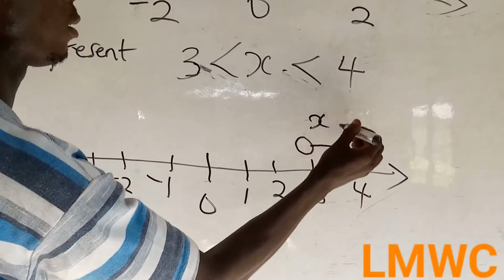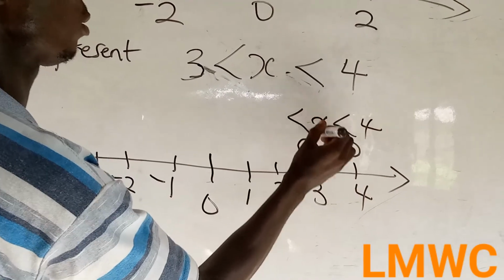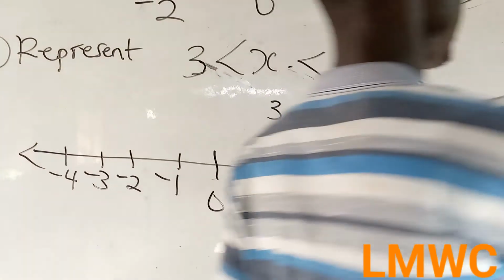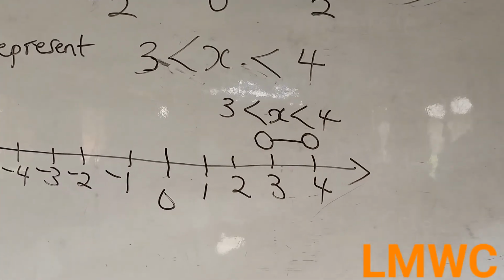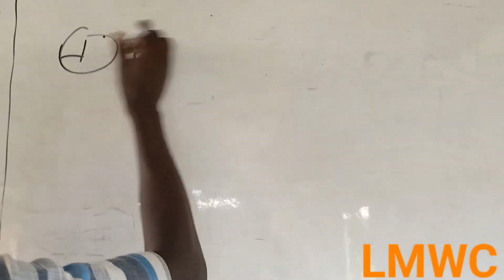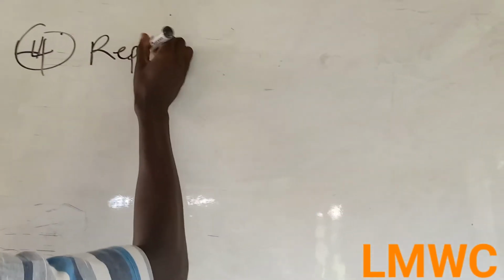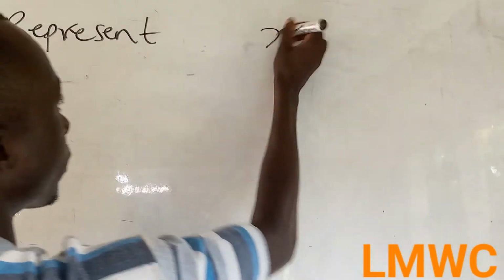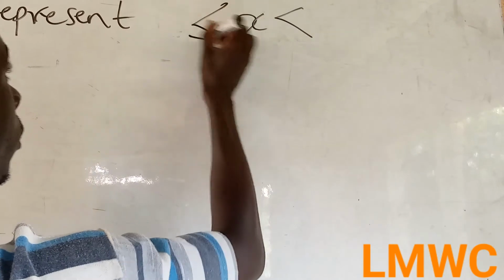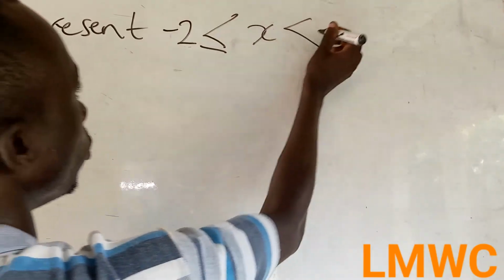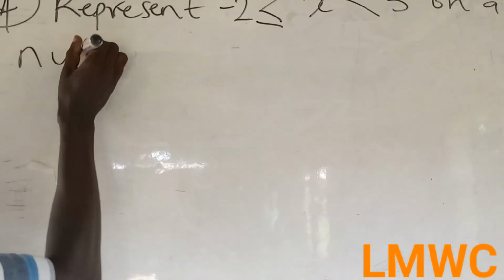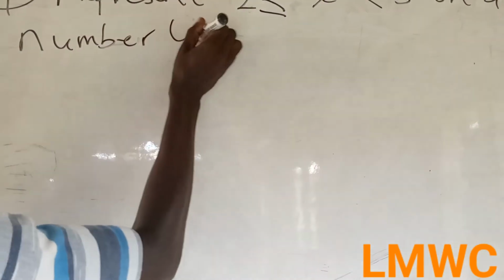Let's take our final example on how to represent linear inequality. Represent x less than 5 and x greater than or equal to -2 on a number line.